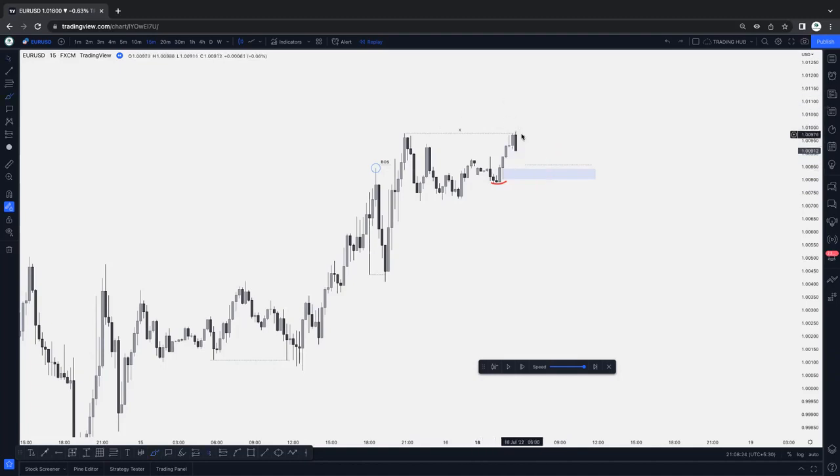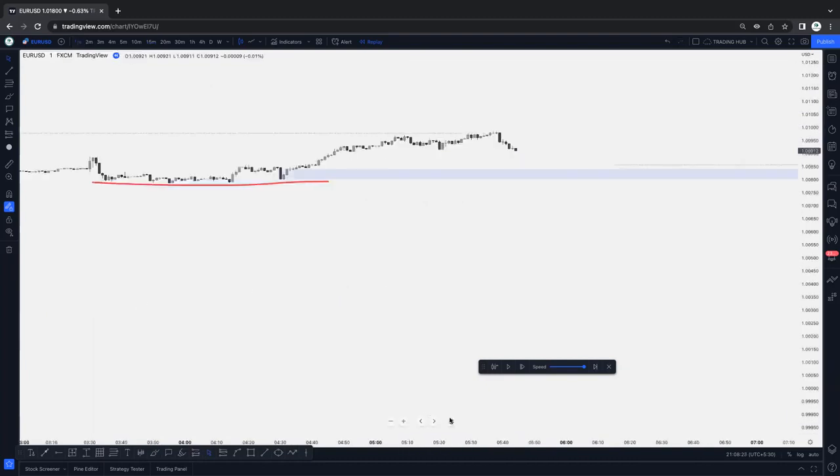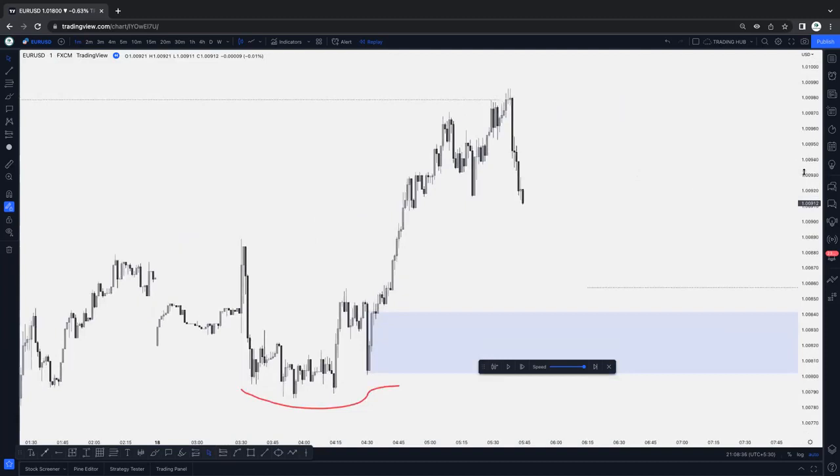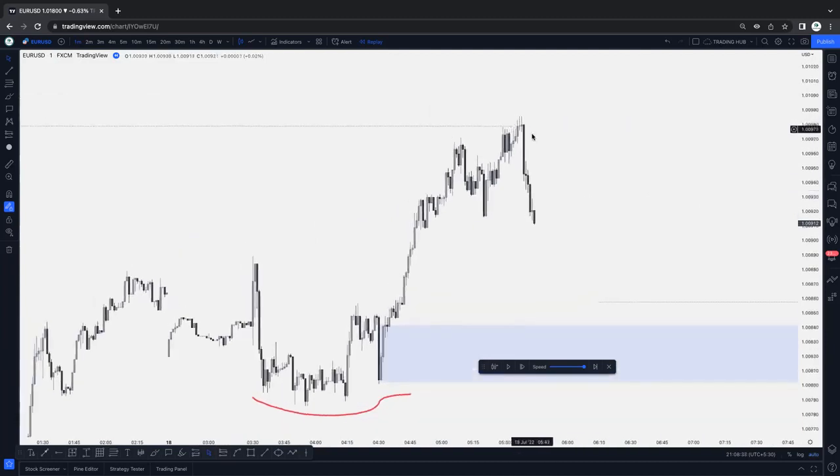So let's see why this pullback did not work here in a lower time frame, and how we can take a decision. If everything fits, we can sell, otherwise no. Okay, so what happened here? It swept the high, which is great, and actually the change of character is here.